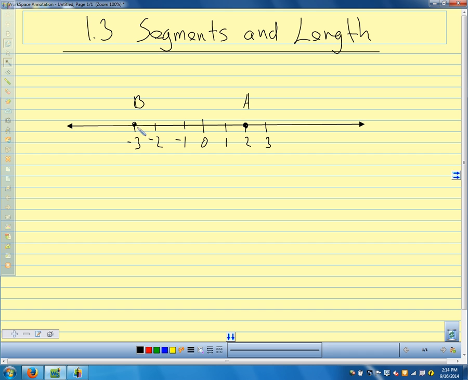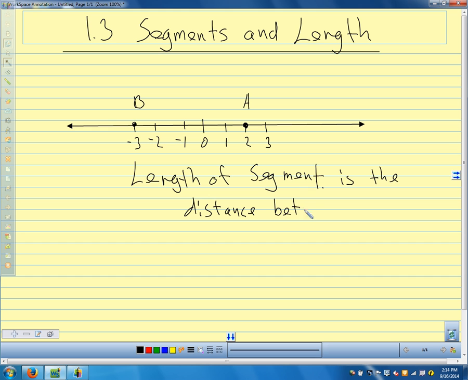So the length of a segment is the distance between the endpoints. And if our segment's not laid out nicely on a number line, we'll talk a little later in the chapter about how we find the length of the segment.